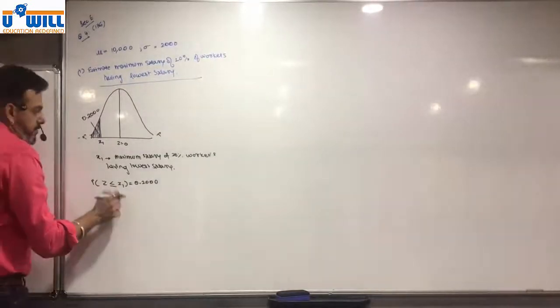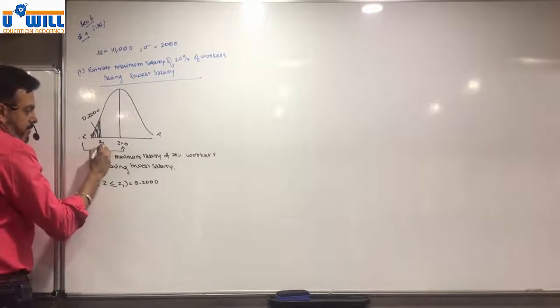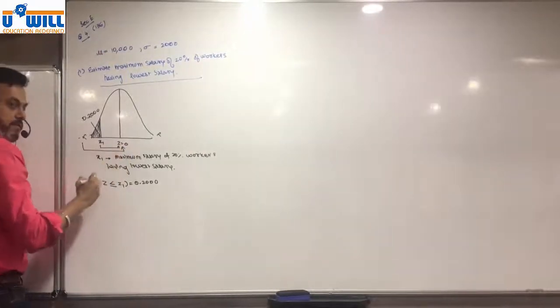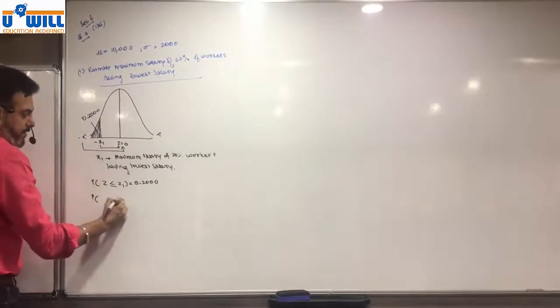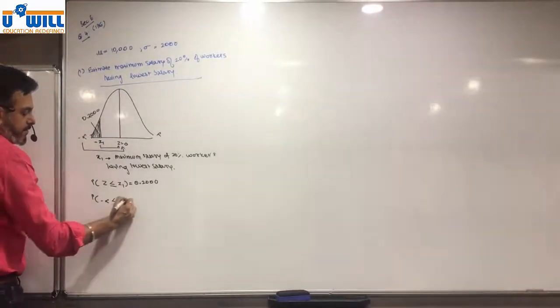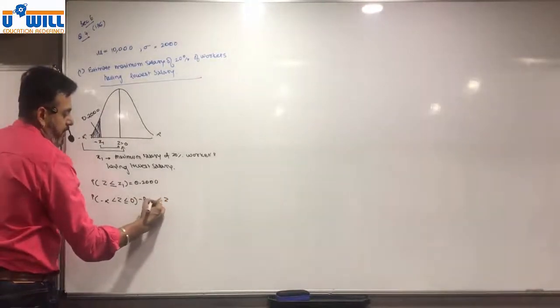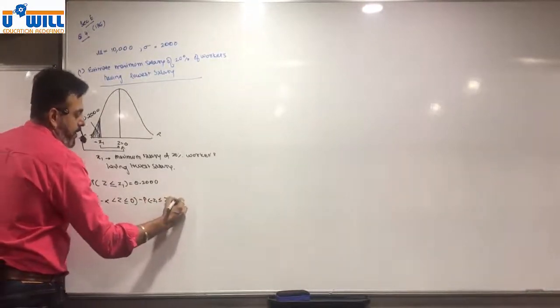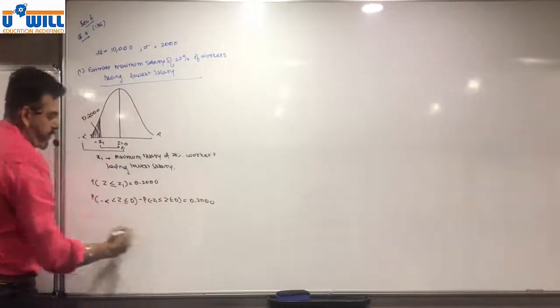How we will get this? Minus infinity to 0 and minus Z1 to 0. This will be negative. So probability of Z greater than minus infinity less than equal to 0 minus probability of Z greater than equal to minus Z1 less than equal to 0 is equal to 0.2000.